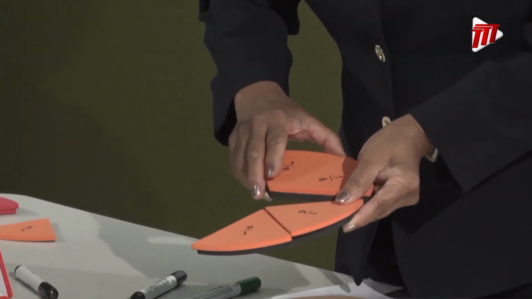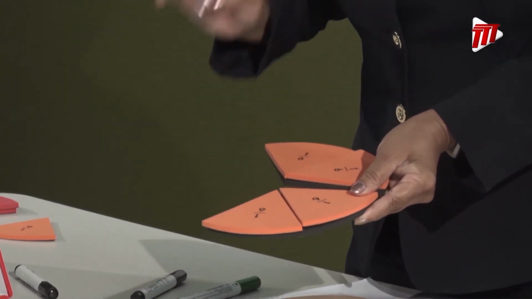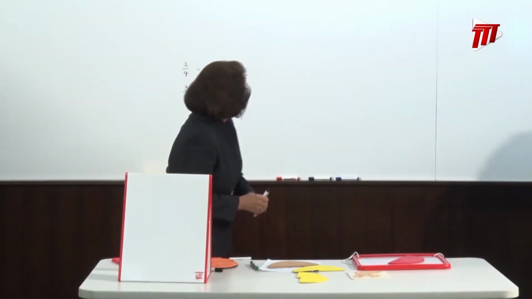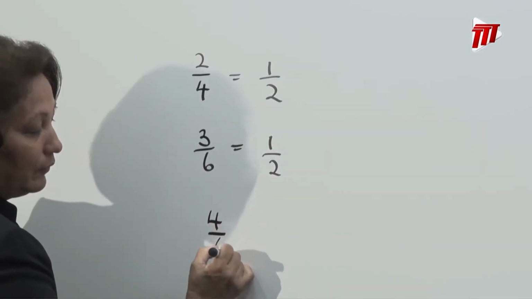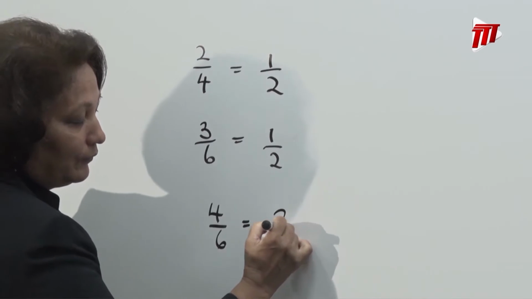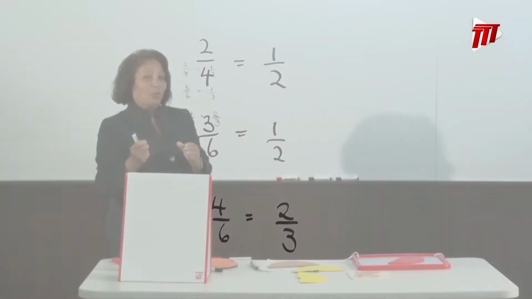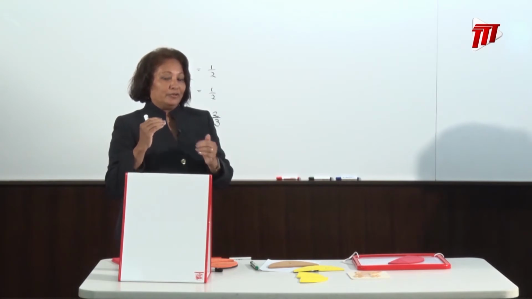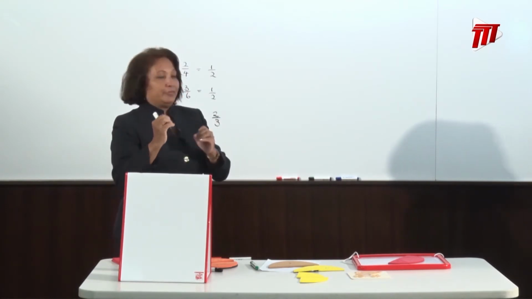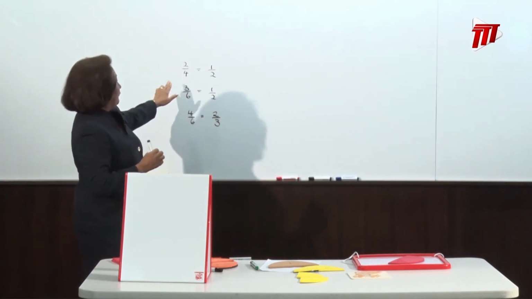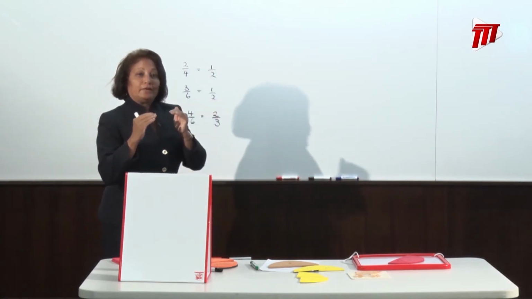So we have 1, 2, 3, 4 6 would give me my 2/3. So 4 6. Good. So I want you now to see if you could see some kind of relationship that goes on in getting from here to here. Now the denominators are different.